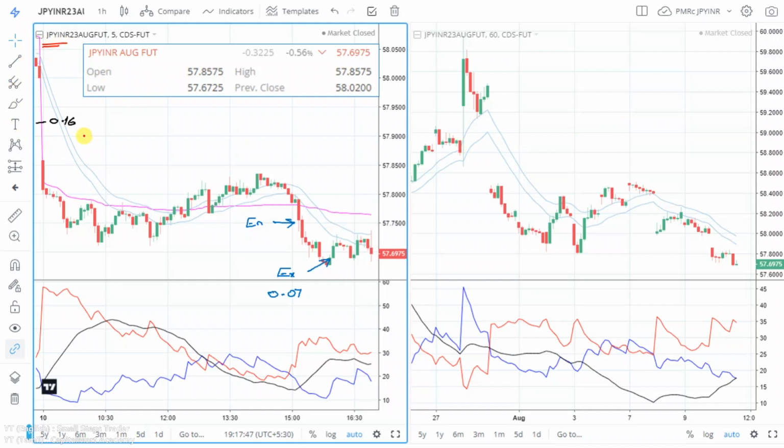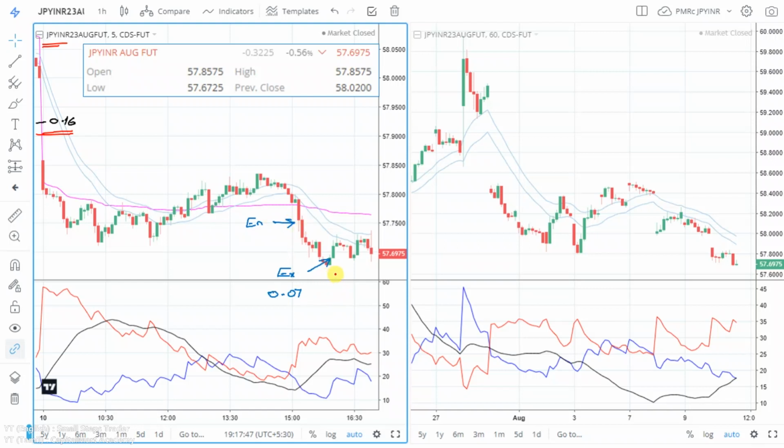At the opening it opened at minus 16 paise. Further it came down around 5 paise, then it kept on sideways only. The price hung around the VWAP and also the EMA channel. So there is no entry until 3 o'clock. Similarly like USD, it got a short entry at 57.75.